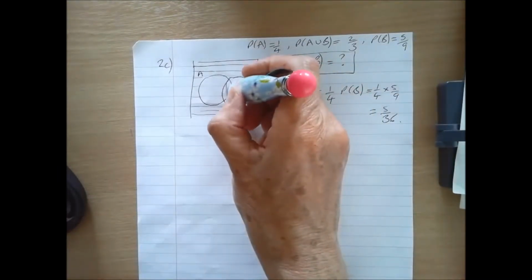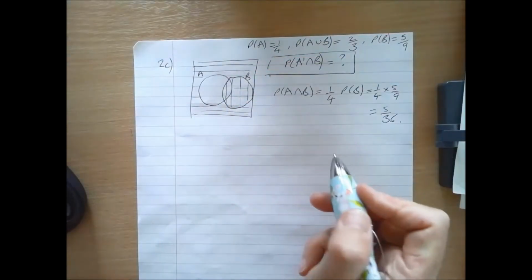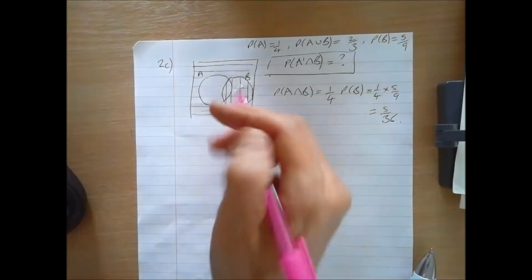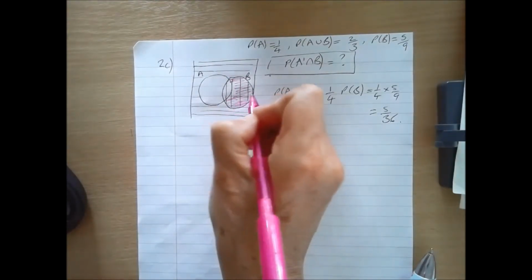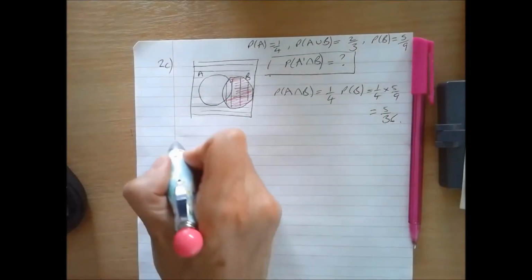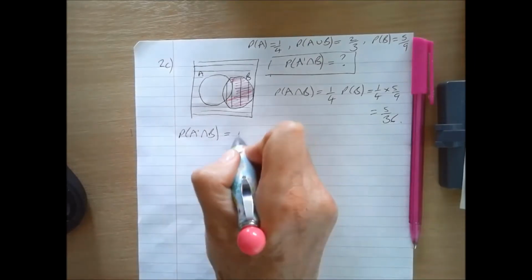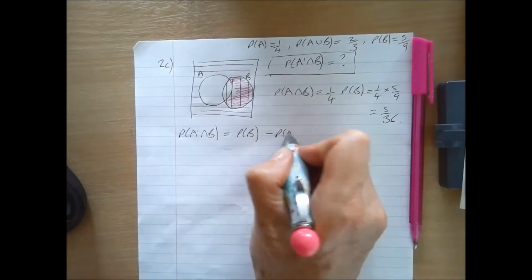So that's anything in circle B. So I'm going vertically now. And my intersection is where both colours appear. So they both appear in this piece. In other words, B, take away the intersection. So I know that ultimately to get probability of not A intersected with B, I want to get the probability of B, the whole circle, take off the intersection.